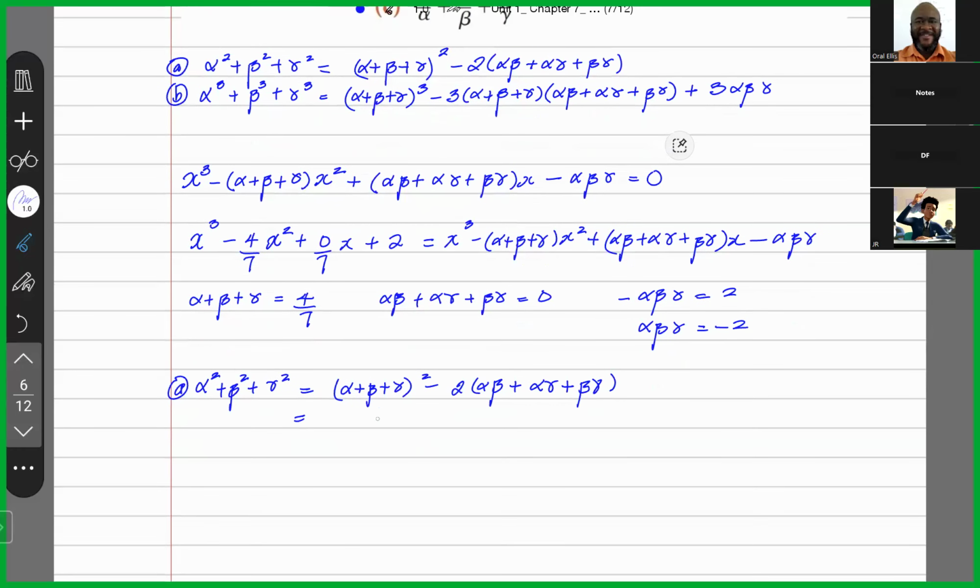And this is therefore (4 over 7) squared minus 2 times 0. So the answer is (4 over 7) squared, which is 16 over 49.